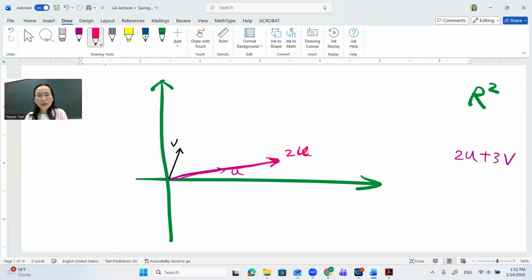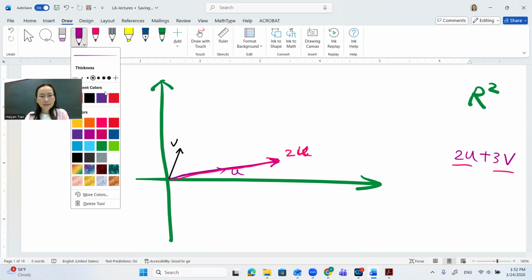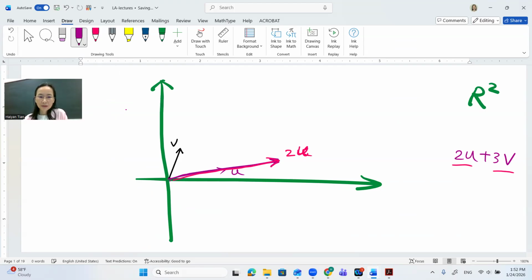Once you get 2u, I also want to draw the 3v. 3v is certainly in the same direction of v, but 3 times as long. I'm going to use also a different color. So 3 times as long, in the same direction of v. So this is a 3v.